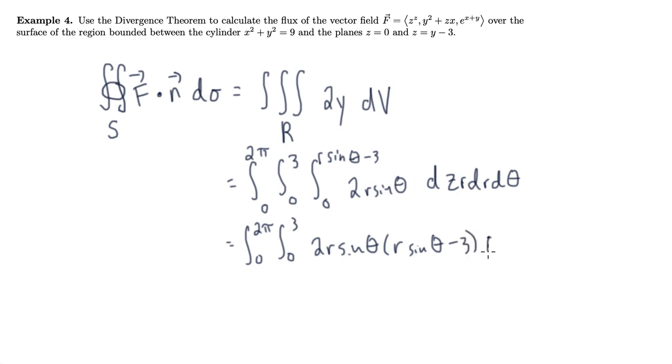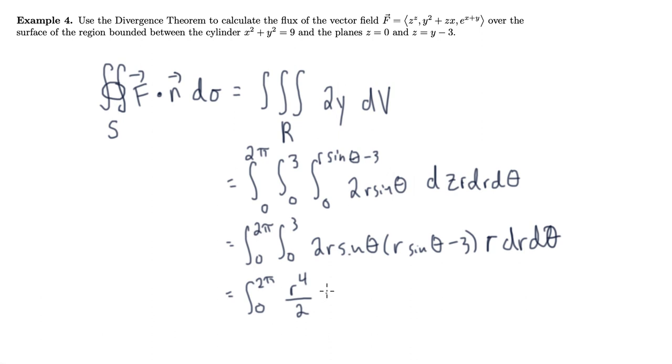And then we have another r dr d theta. All right. So here we have an r squared, and then another r is actually an r cubed, and here we'll have an r squared. So this first term will have an r cubed, so that'll be r to the fourth, 2r to the fourth over 4, just r to the fourth over 2.